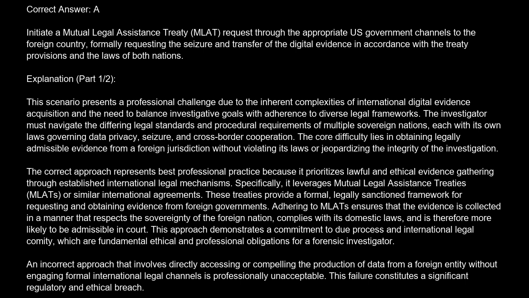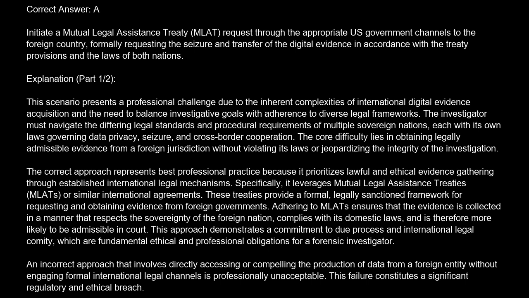integrity of the investigation. The correct approach represents best professional practice because it prioritizes lawful and ethical evidence gathering through established international legal mechanisms. Specifically, it leverages mutual legal assistance treaties, MLAT, or similar international agreements. These treaties provide a formal, legally sanctioned framework for requesting and obtaining evidence from foreign governments.